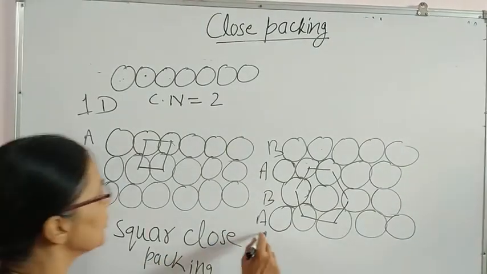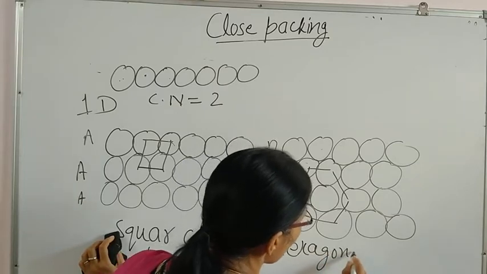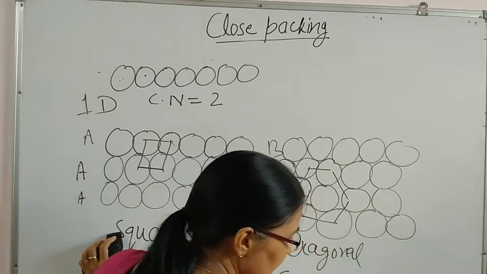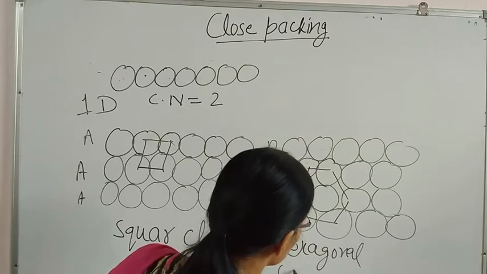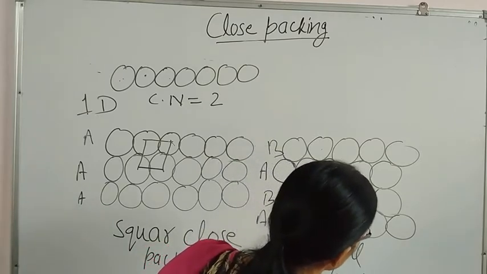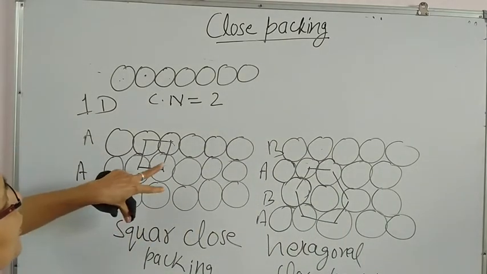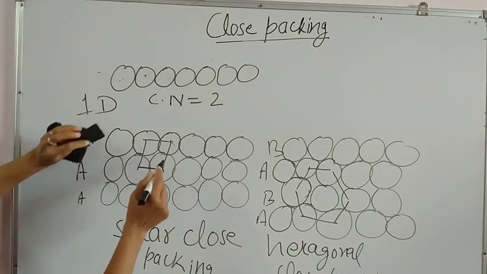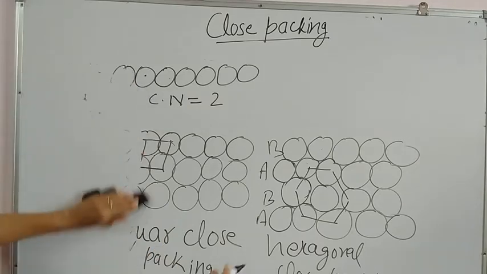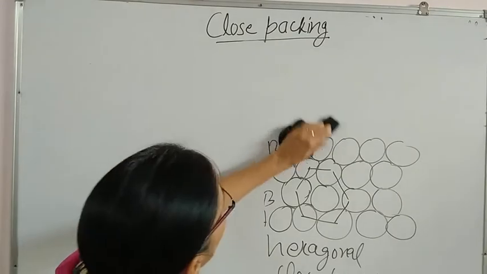So if you compare both diagrams, you will understand that this one is square close packing and this one is hexagonal close packing.